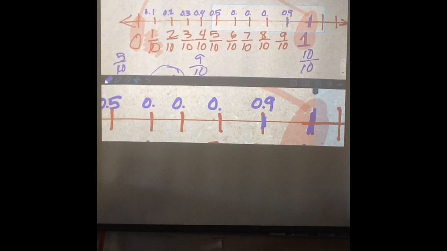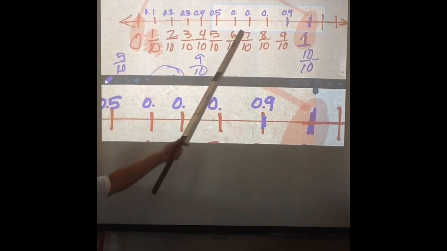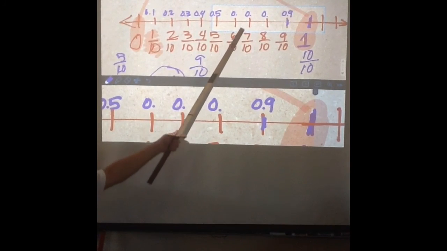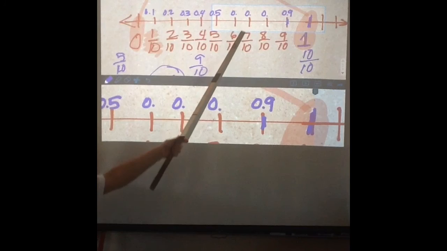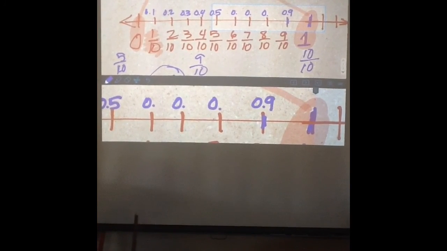Because you get in the habit of going 1, 2, 3, 4, 5. So what about this one? 0.7. And this would be 0.8, and this is 0.6.